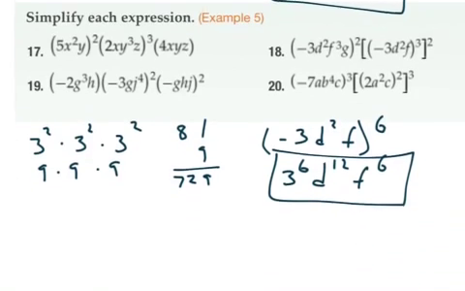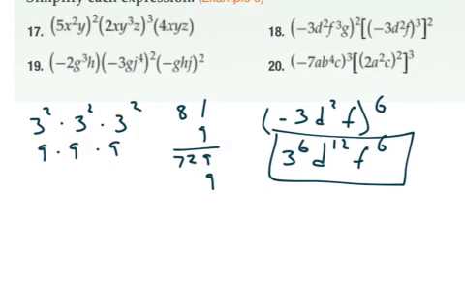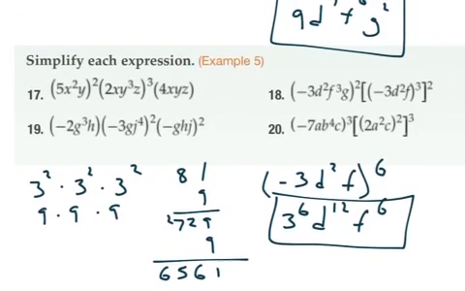And then I guess I have to take that times 9 again. So I have a 1, 8, that's 6, 2, 63, 5, 6. So I have 6,561.